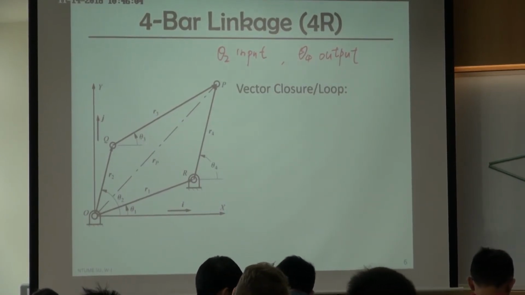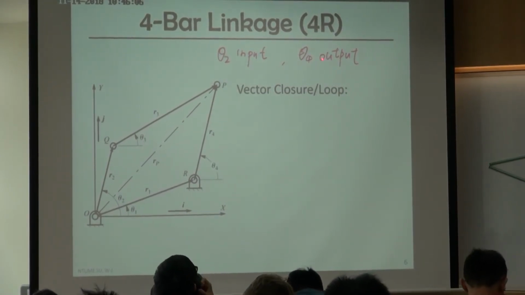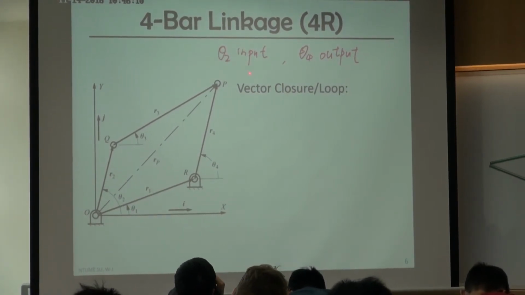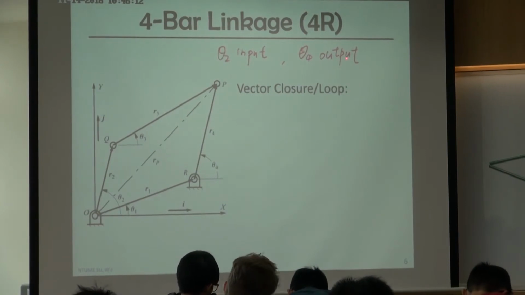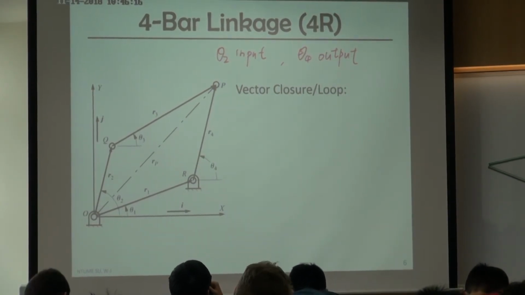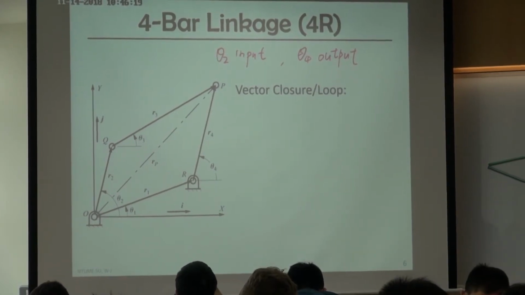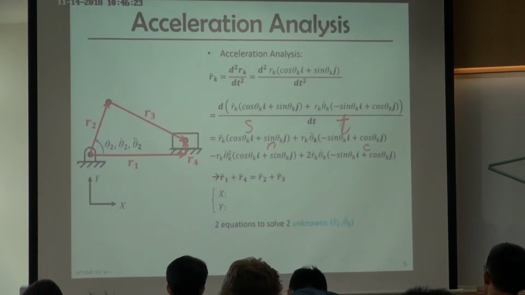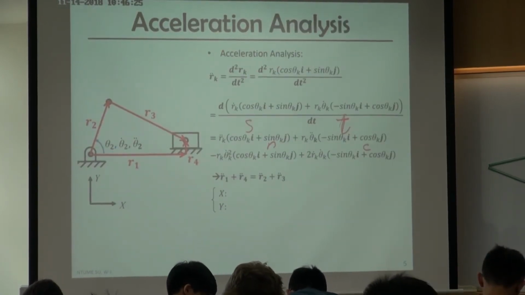We usually define the input and output, and we need to make sure when we define the vectors, the vectors must include these two pieces of information in your equation. Otherwise, if you solve the equation and you still don't have the information, then you are just doing nothing. Just back to the previous slide.